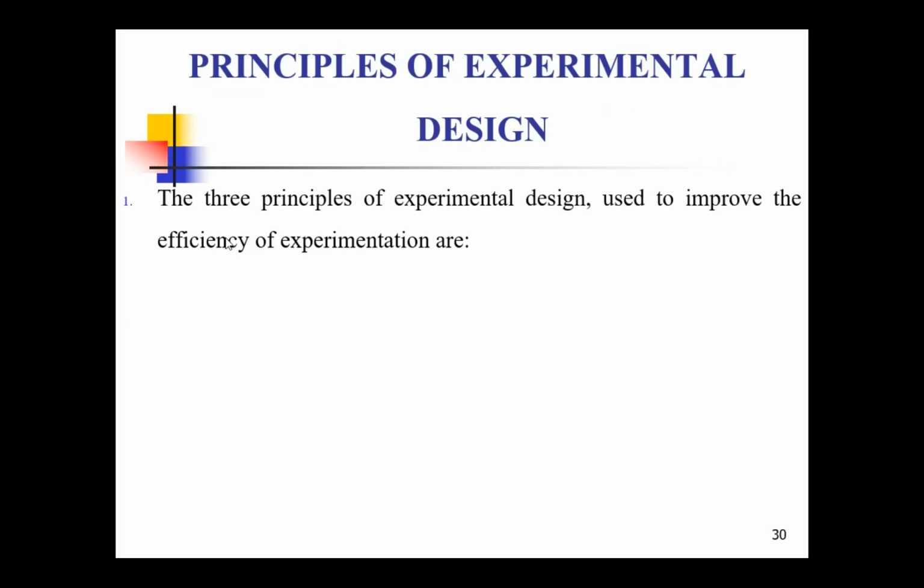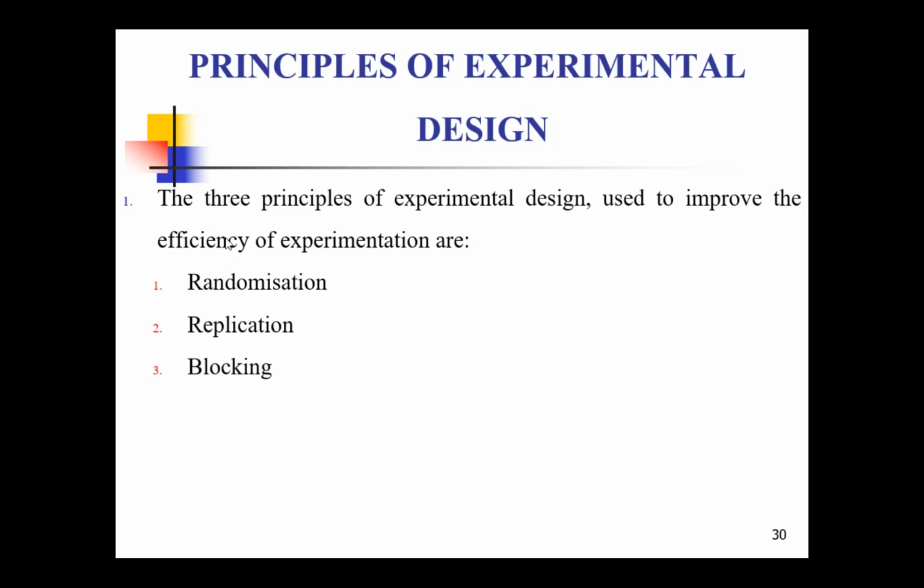So the principles of experimental design are randomization, replication and blocking. In any experimental design in DoE, we will come across these three principles. The purpose of these is to improve the efficiency of experimentation so that the experimental error tends to lower or becomes nil.